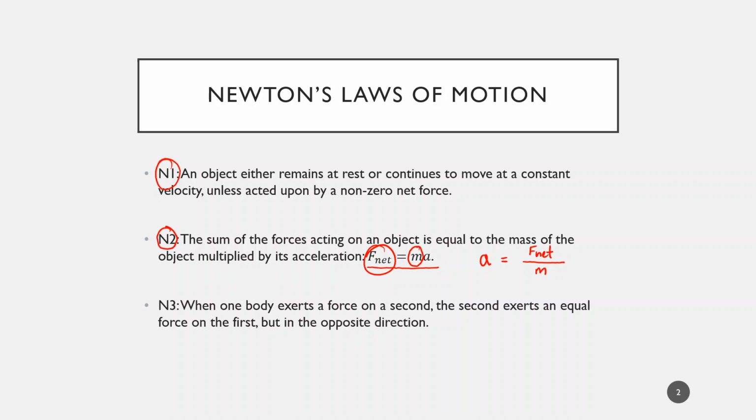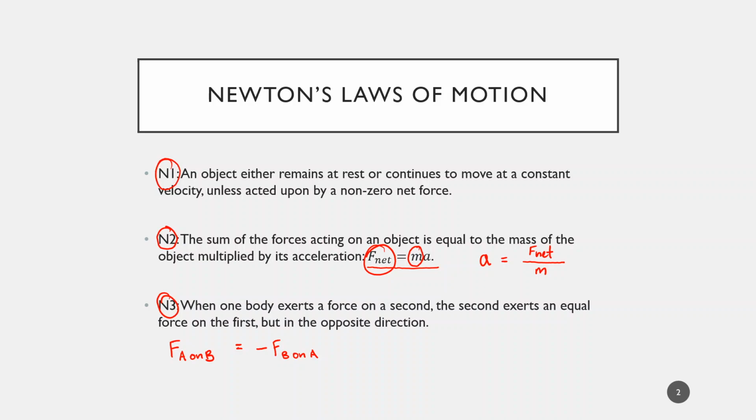The third law is, when one body exerts a force on a second, the second exerts an equal force on the first, but in the opposite direction. One way we can write this out is that the force that object A applies on object B is equal to the force that B would apply back onto object A, just in the negative direction, the opposite direction.